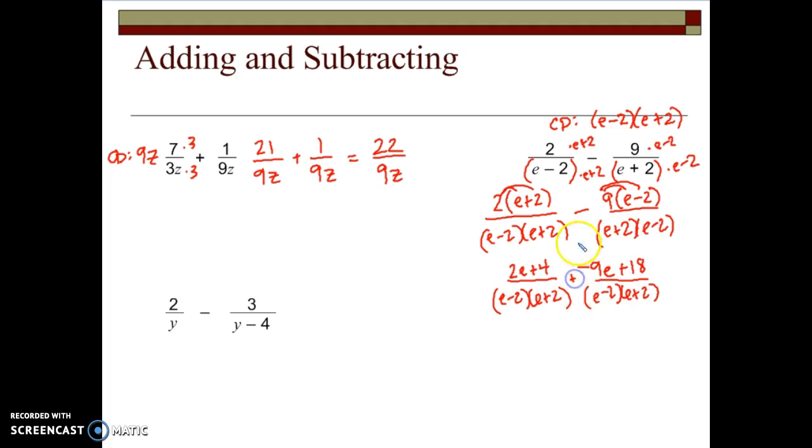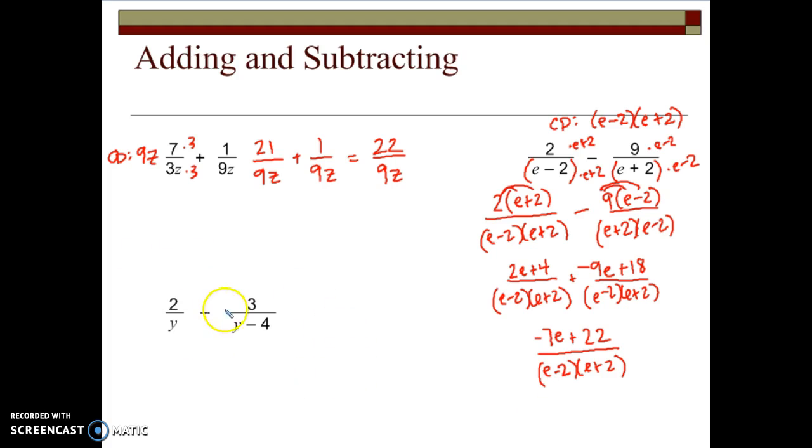And now I'm just adding because I distributed that negative. So 2e and negative 9e gives me negative 7e. And then 4 and 18 gives me 22. I don't have a GCF or anything for the top, so I'm going to leave it just like it is over e minus 2 times e plus 2.